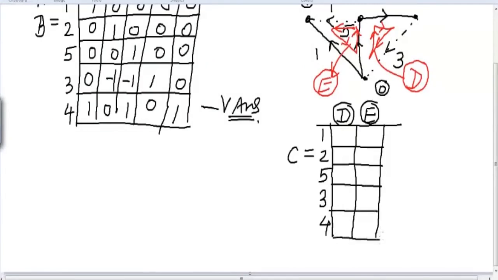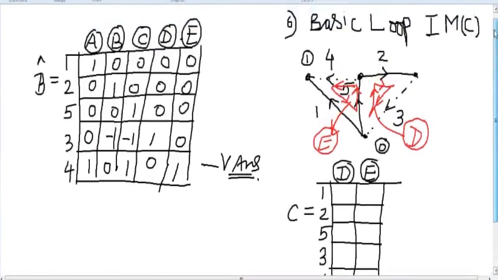Let us fill this matrix. Let's go to D first. We know that D is obtained by closing the link 3. So 3 should be positive for D because the direction of D and 3 are both the same.